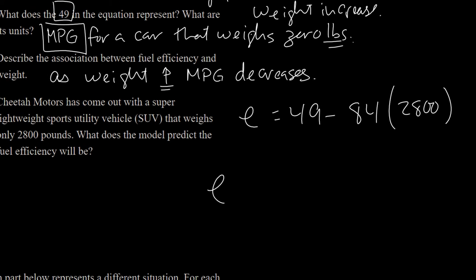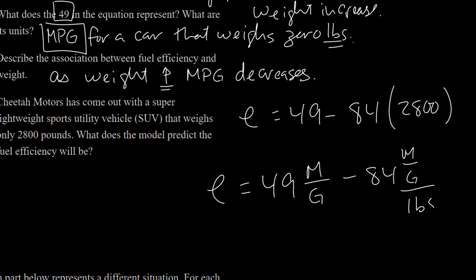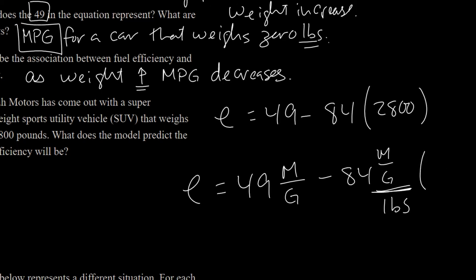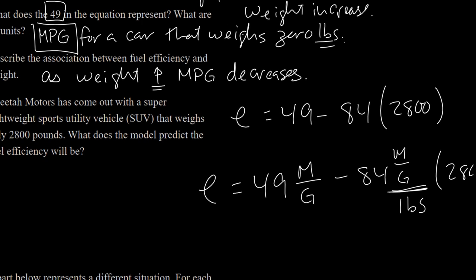Efficiency is 49 miles per gallon, minus 8.4, and then this is miles per gallon per pound, and I'm multiplying this by 2,800 pounds.